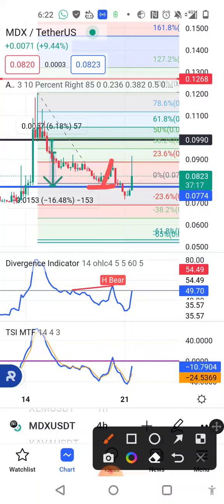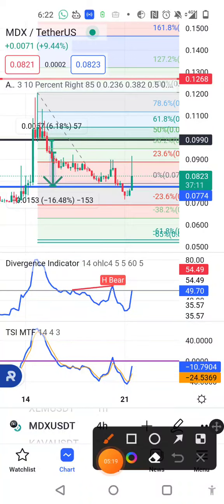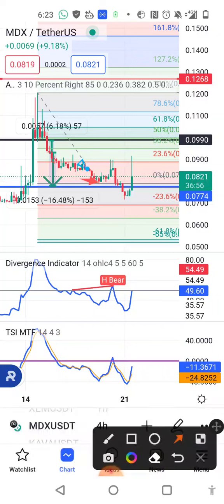You see, on that movement, if I use arrows, you can see that yes, there was a red candle. If I change the color to blue, you see there was a green candle. But as this market is really forming, you find out that it's not one way. The market always moves up and down, up and down before finally delivering your take profit.